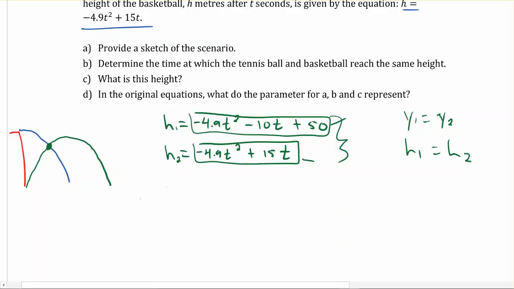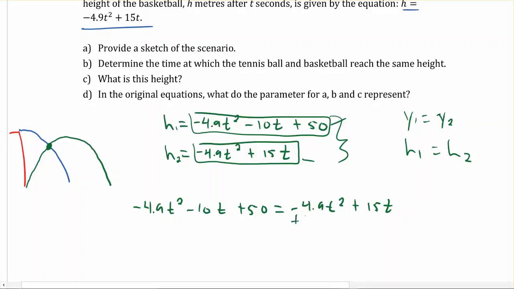So I'll rewrite this as negative 4.9t squared minus 10t plus 50 is equal to negative 4.9t squared plus 15t, and that's it. Okay. So if I rearrange this, something kind of nifty happens.